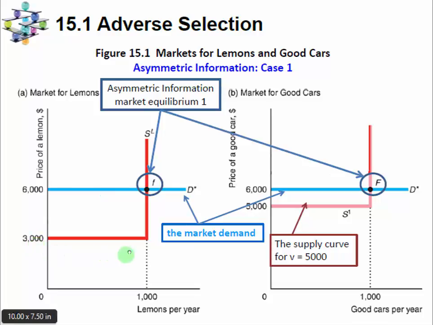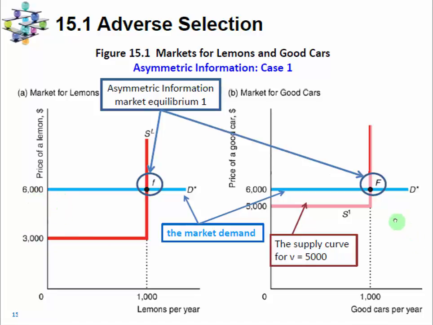Obviously, for the lemon owners, they are very happy to see this situation because then they can sell something only worth $3,000 to them at $6,000. They can make $3,000 of producer surplus.